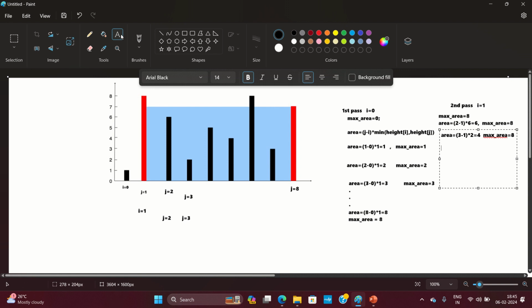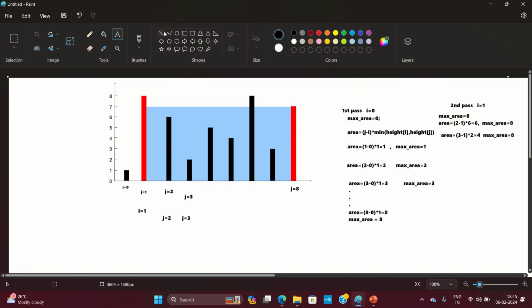Again, when j is equal to 4, among these two the minimum one is, sorry, not 6, 5. It's coming around this line only, line number 5. Let me draw.